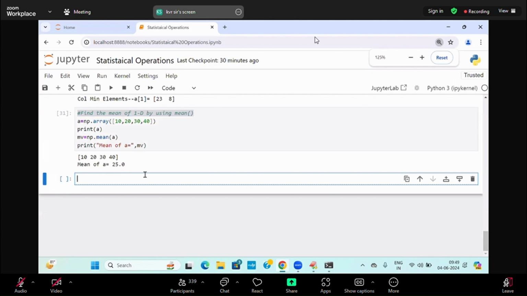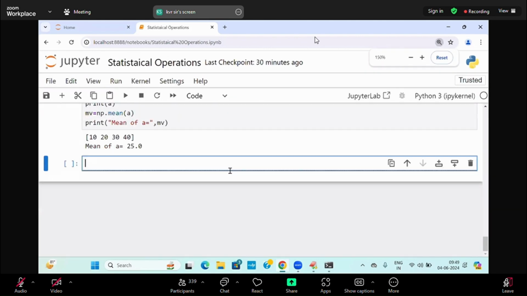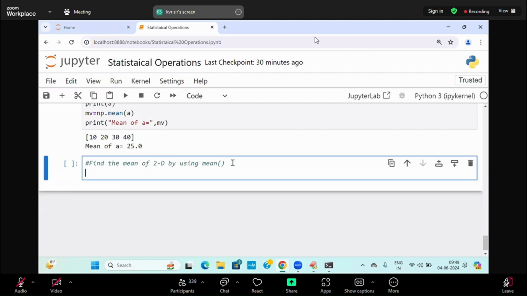Find the mean of the next approach, 2D. Average if you want to find out. Go for that. Take it as A is equal to np.arange of, take some data, something like 10, dot reshape of some 3 you want.